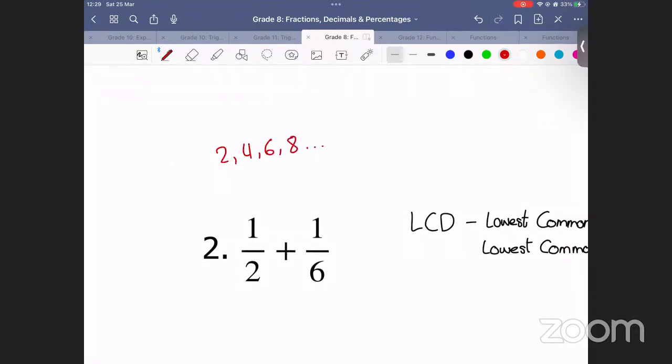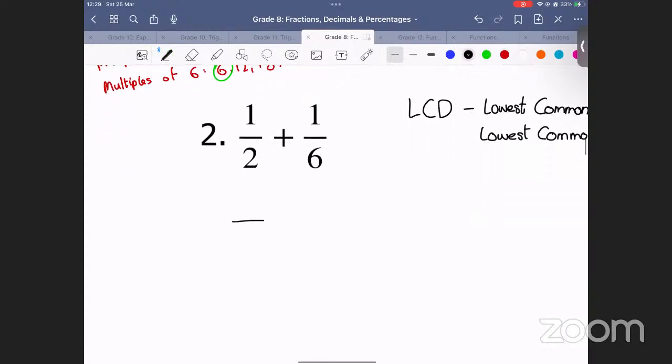These are the multiples of 2. 1 times 2, 2 times 2, 3 times 2, 4 times 2. And you can do the same thing for 6. Multiples of 6. So 6, 12, 18, 24. And you're going to find the number in this list that is common and is smallest, and you can see that it's 6.